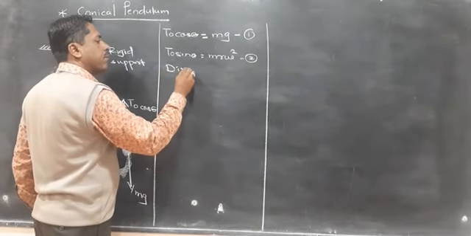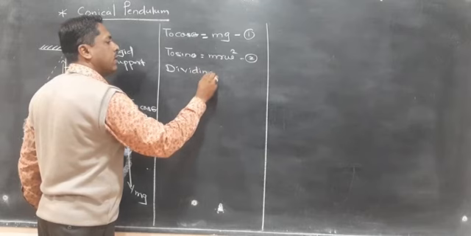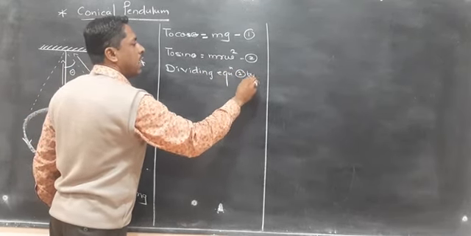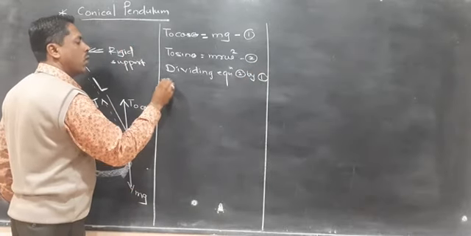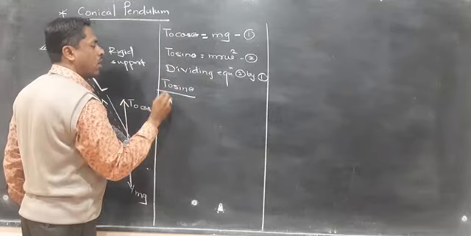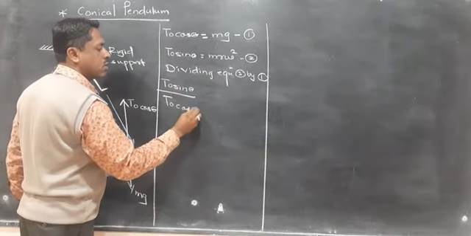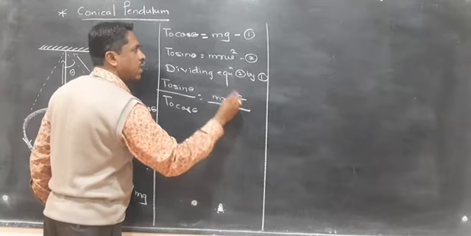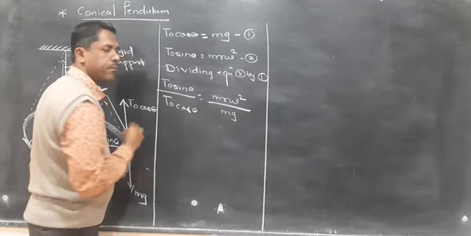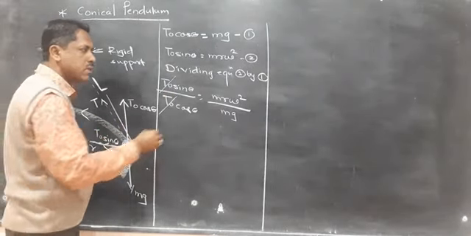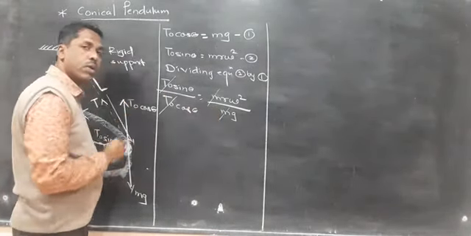Dividing equation 2 by 1, what happens here? T0 sin theta upon T0 cos theta is equal to mr omega square upon mg. T0 gets cancelled, m also gets cancelled.